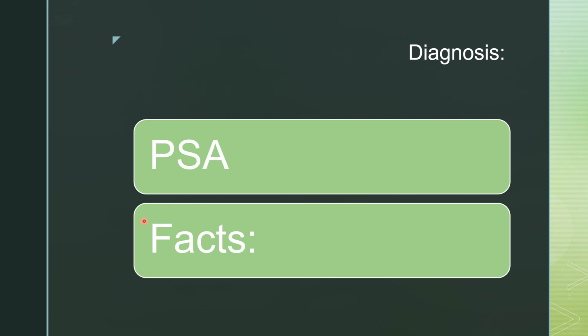A man between 40 and 49, if we are picking 0 to 2.5 nanogram per mil, we are fine. Compared to a man of 70 to 79, in a man of 70 to 79, 0 to 6 nanogram per mil is fine.